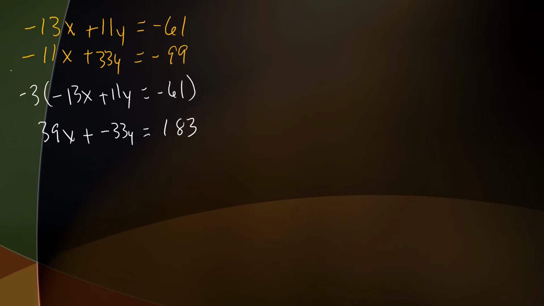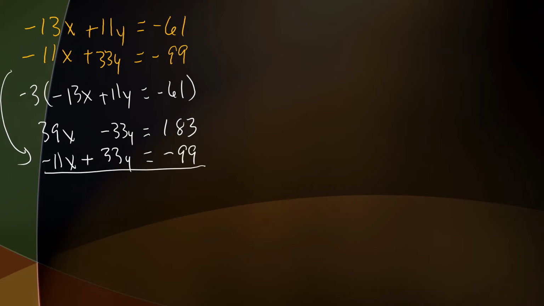Now I'm pulling down the second equation here so I can eliminate that y. And that was negative 11x plus 33y equals negative 99. Okay, yeah, that looks right.